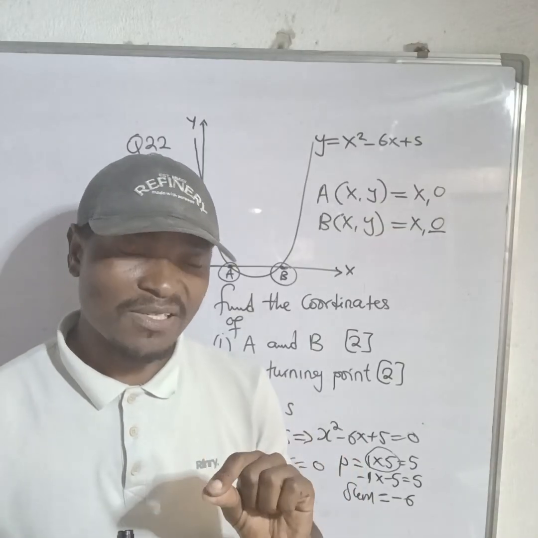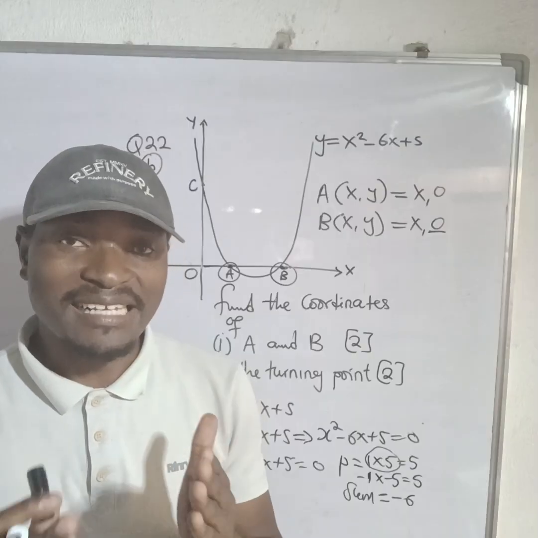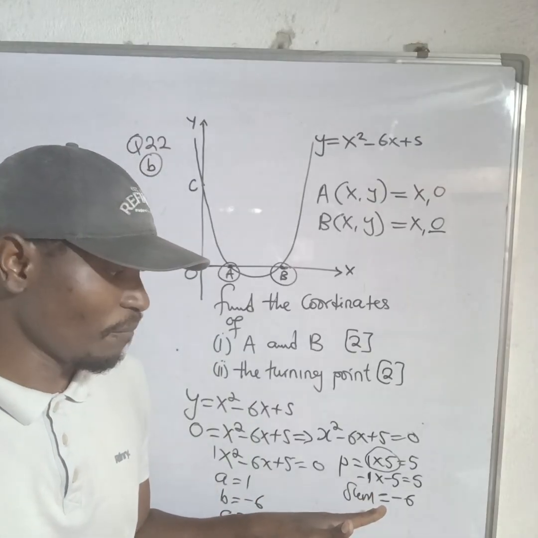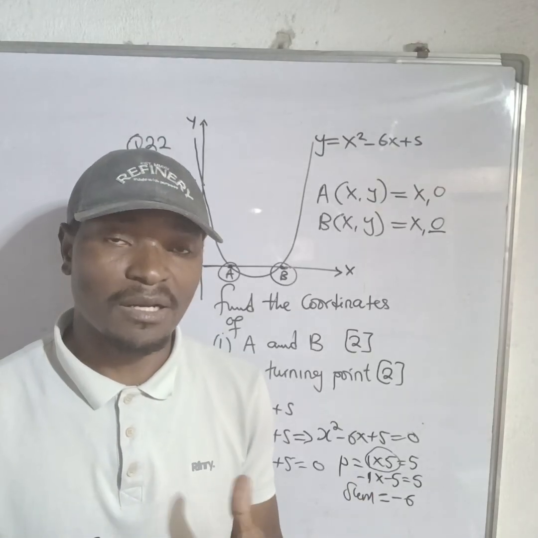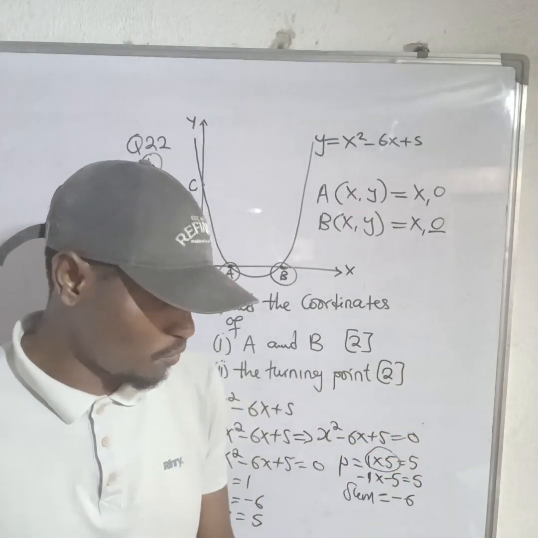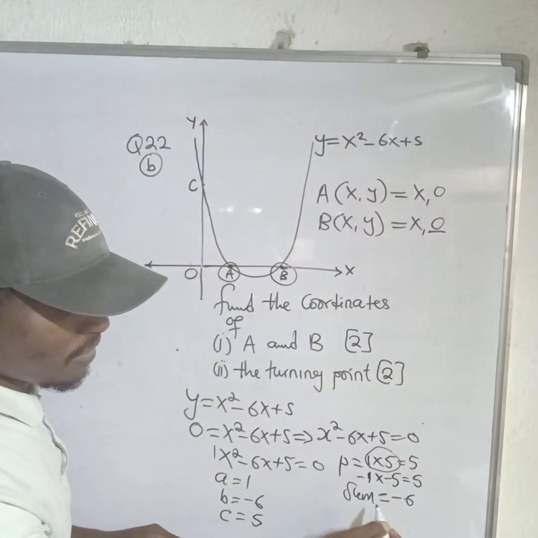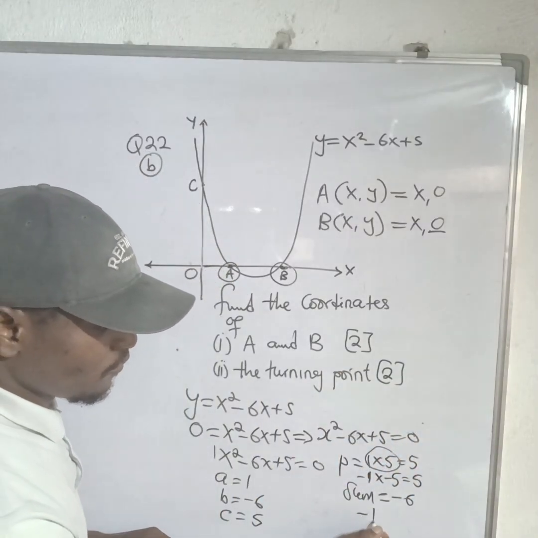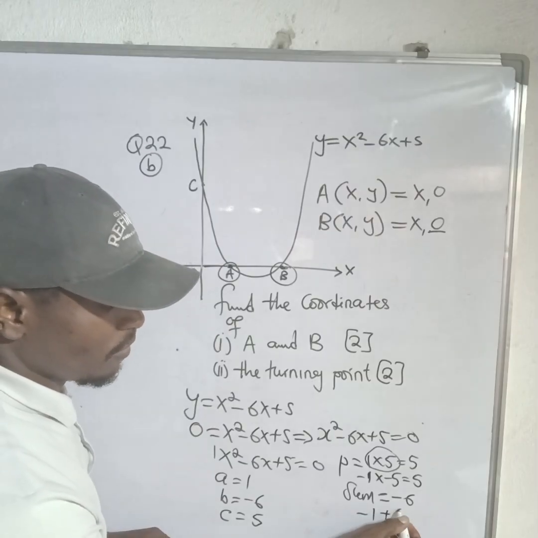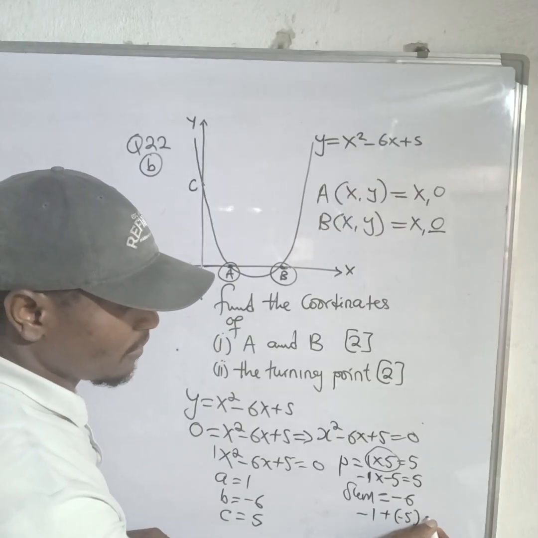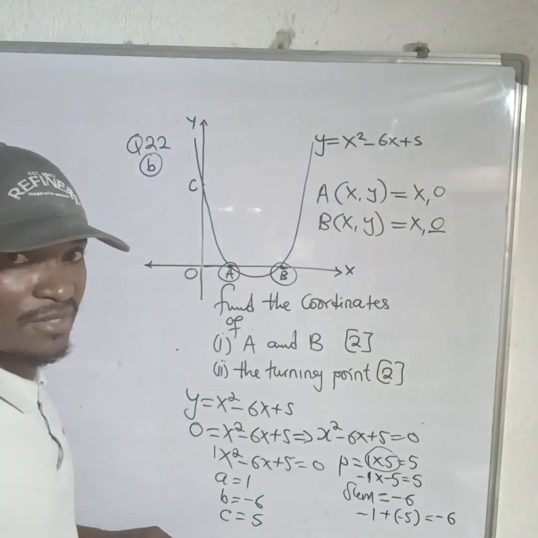These two numbers don't come from anywhere. They come from the product, the two numbers that you have multiplied together. So from this, we know that negative 1 plus, open bracket, negative 5 equals what? Negative 6.